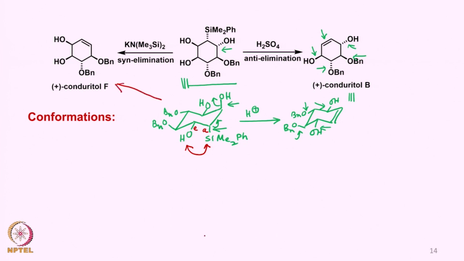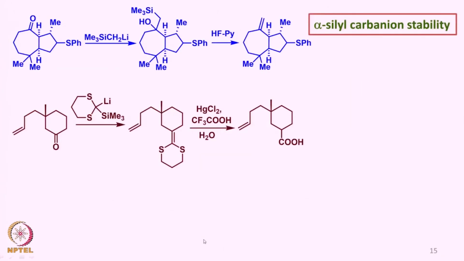So the eliminations are designed in such a way that under acidic conditions they give elimination of the anti type, whereas under basic conditions the elimination leads to a syn type of elimination.